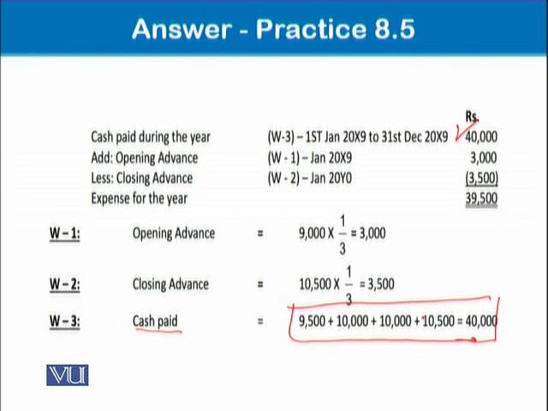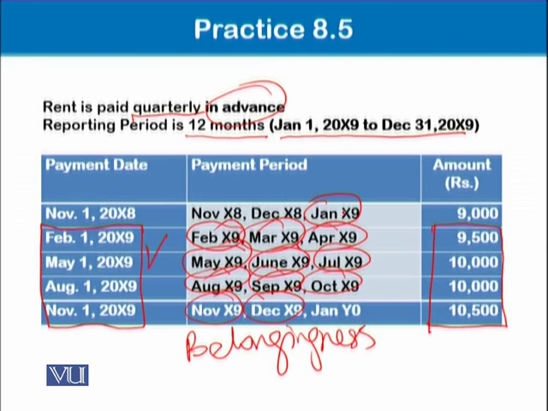And then, under the technique or formula we have already discussed, add opening advance 3,000. Opening advance is 1 month. How do we know? The opening advance is the amount that we paid in advance in the last year.